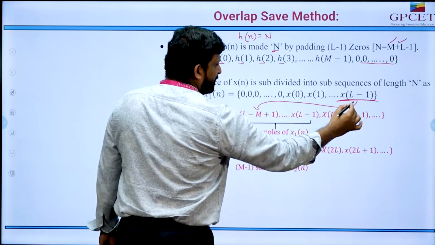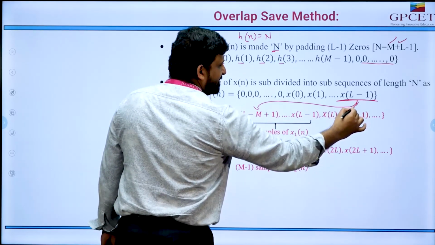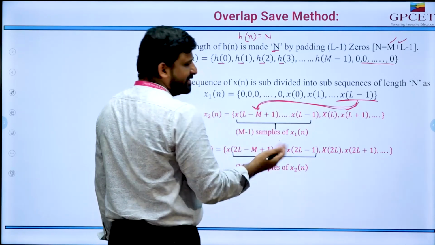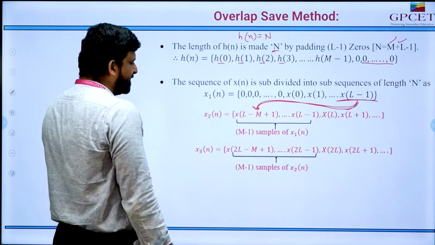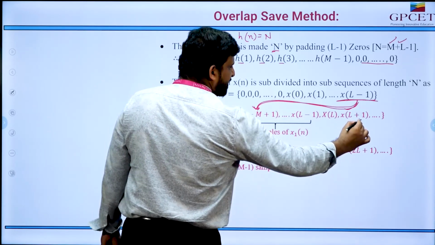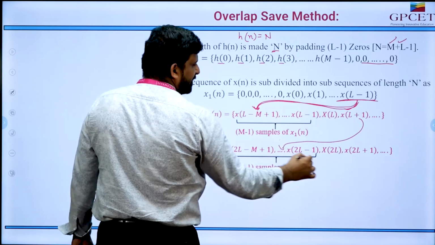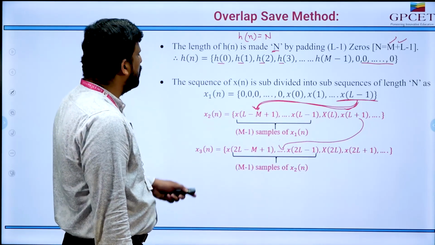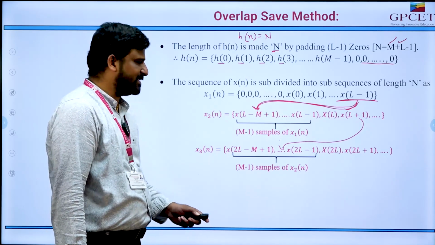These M minus 1 samples are added in the first part, and then the remaining samples follow. And finally the same thing for x3 of n also: the last M minus 1 samples of x2 of n are added first, then the remaining x2 of L, x2 of L plus 1, like this. Like this we are going to divide the sequence.